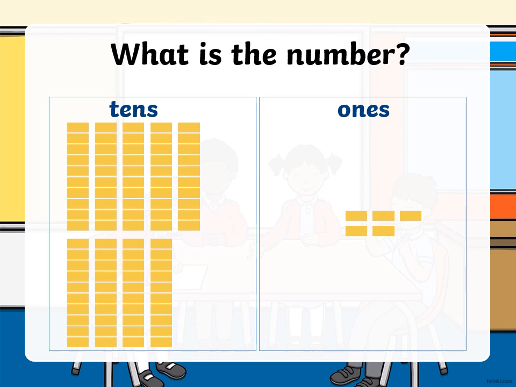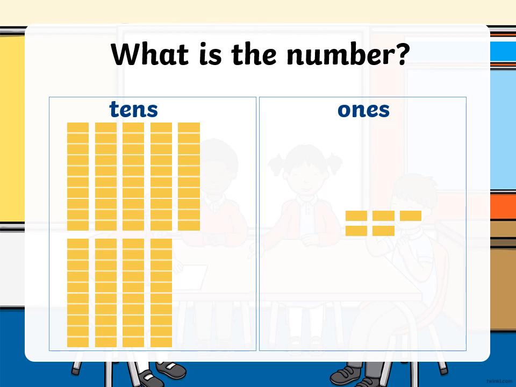What is the number? See if you can do it with me. See if you can count by tens and tell me the number. Did you do it? And now how many ones have you got?